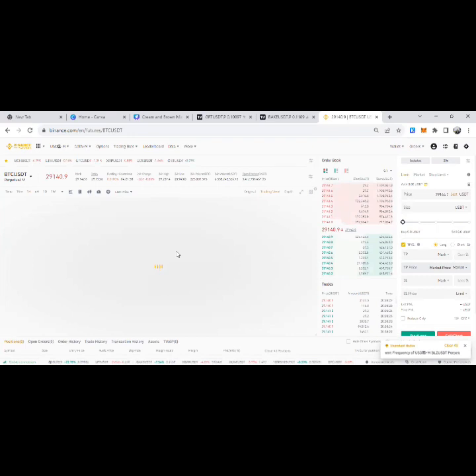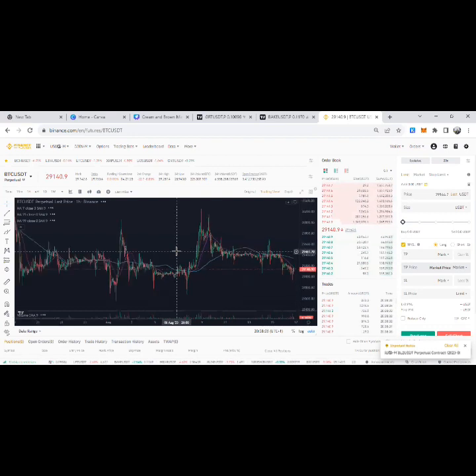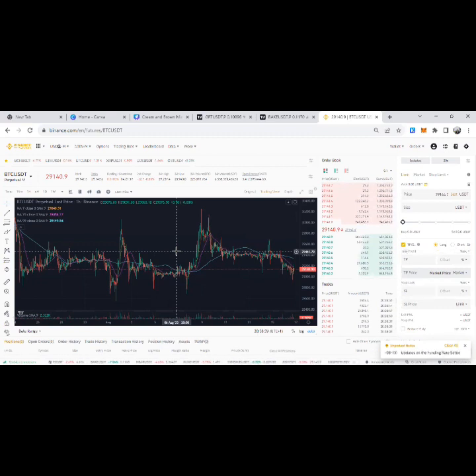And while it's loading, I want to explain some of the things you're seeing on the screen and how to utilize them. Now, like I said, I told you that TradingView has a paid version and that you might not see some time frames on it if you do not upgrade your subscription.